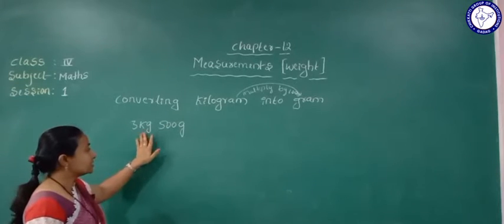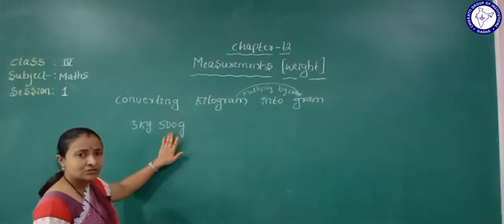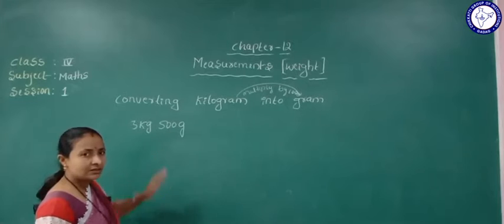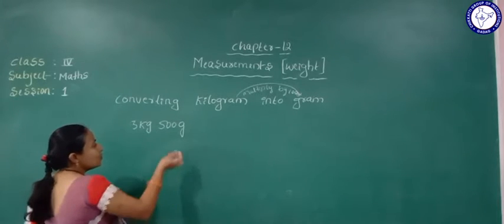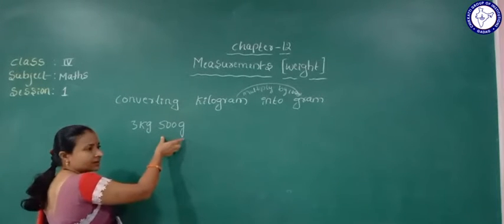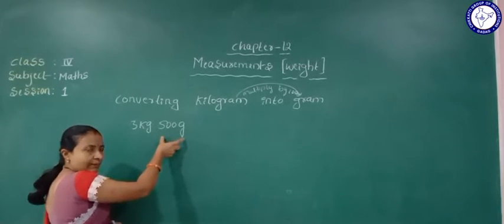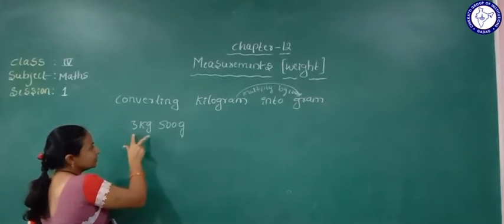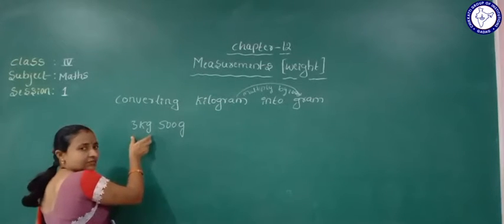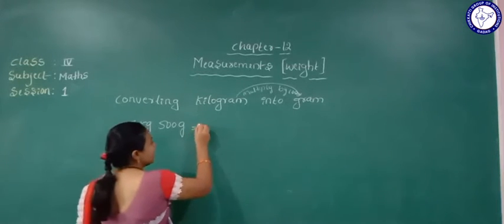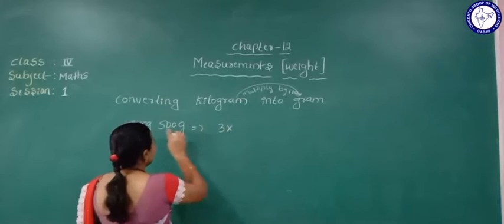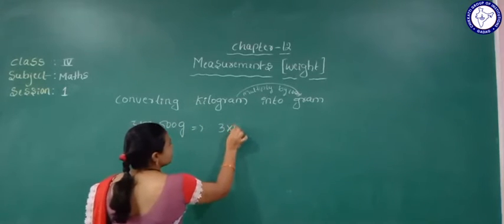But here kg is there and gram is also there. How will we convert? This 500 is in gram only, so we'll keep this the same. But this 3 kg, only 3 kg we will convert into gram.